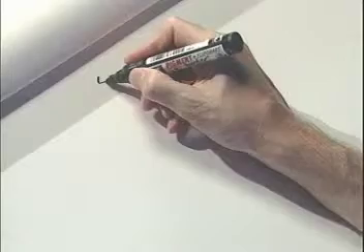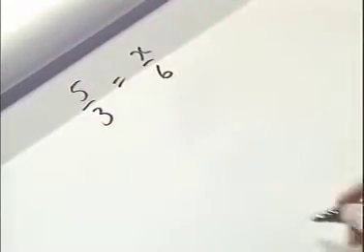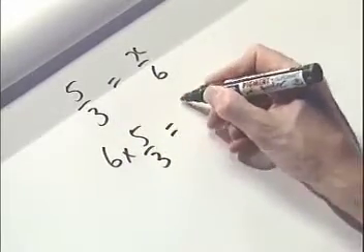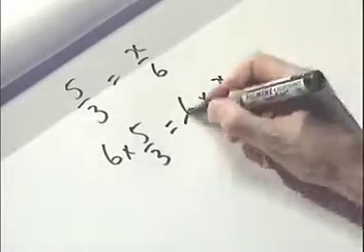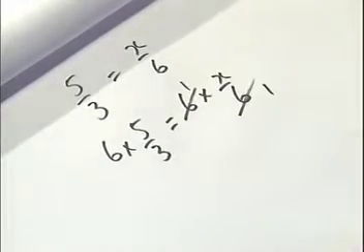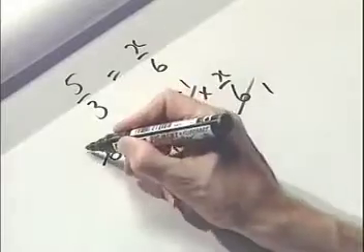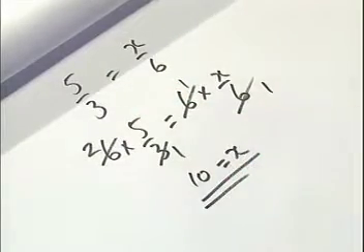So we had 5 over 3 equal to x over 6, and we're going to multiply by this common denominator of 6. So 6 goes into 6 once on each occasion, 3 goes into 3 once, and into 6 twice. And so again, x is equal to 10.